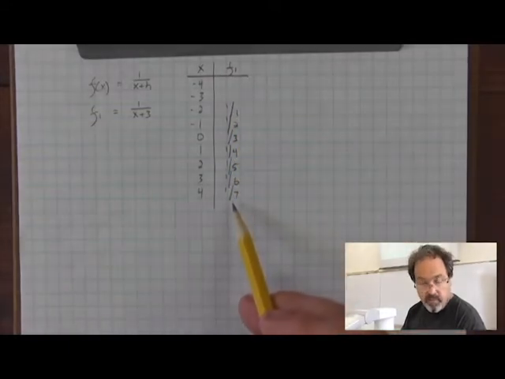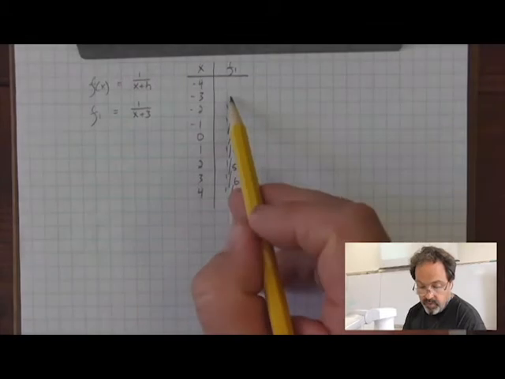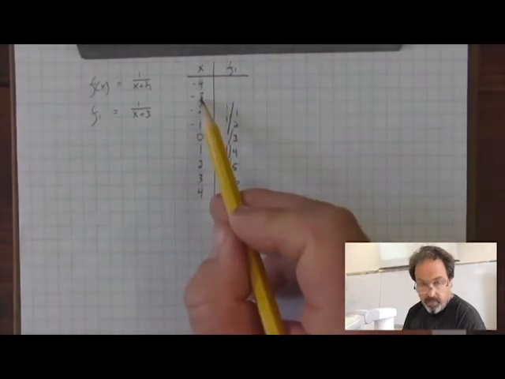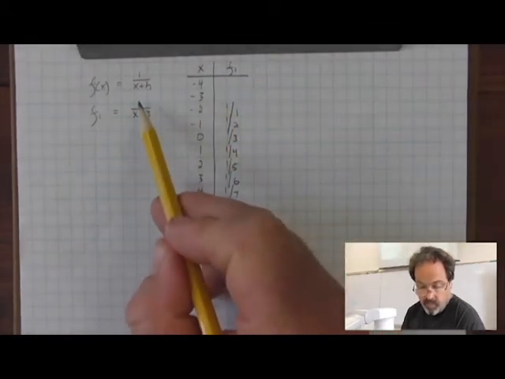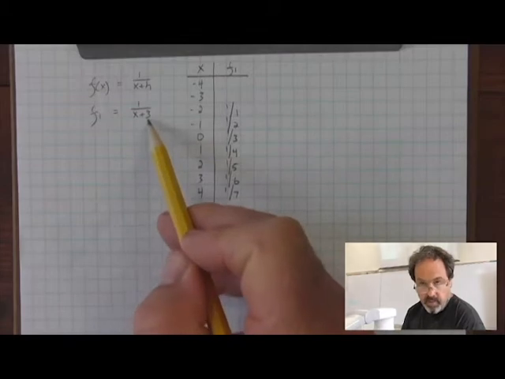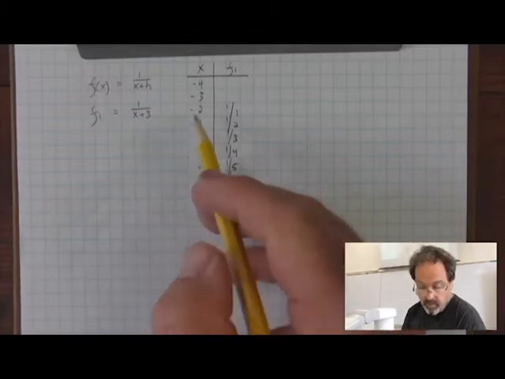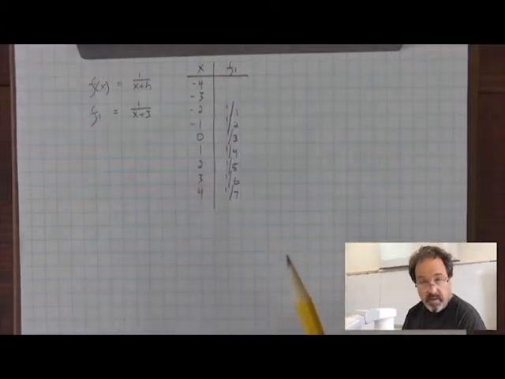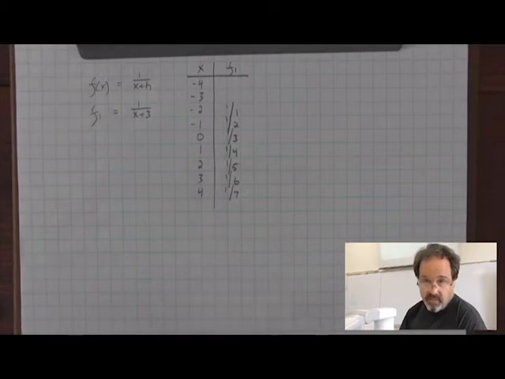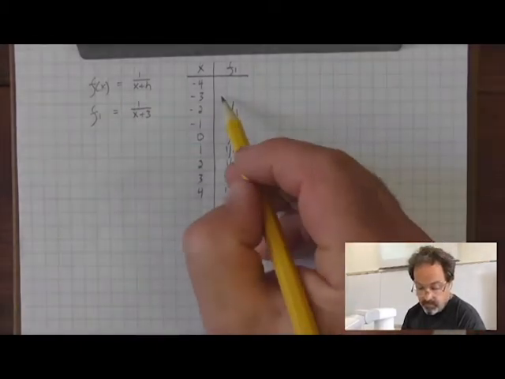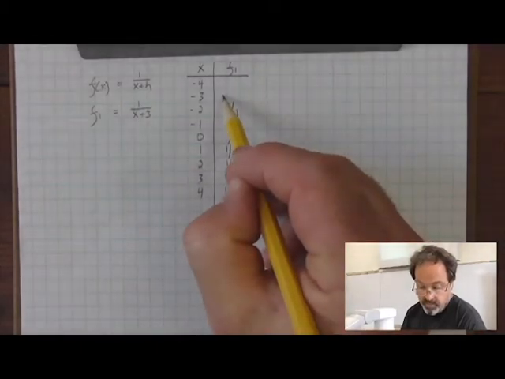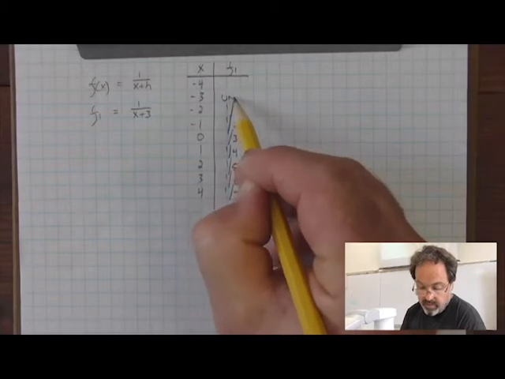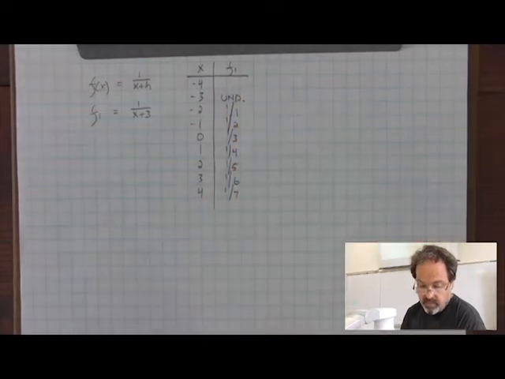Now there's an issue when I put in -3, because I get 1 over -3 plus 3, which is a 0 in the denominator. Can't divide by 0. It doesn't make conceptual sense to take something and divide it into no parts. When we put -3 in, we say that it's undefined.